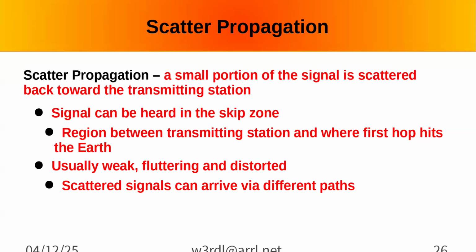So it allows you to pick up signals or make contact with people that would normally be in the skip zone. So you're going up and you're refracting over here 2,500 miles away, but you get some backscatter on the way up. So you're getting your signal coming back down into places within that skip zone that normally you wouldn't have any signal at all.